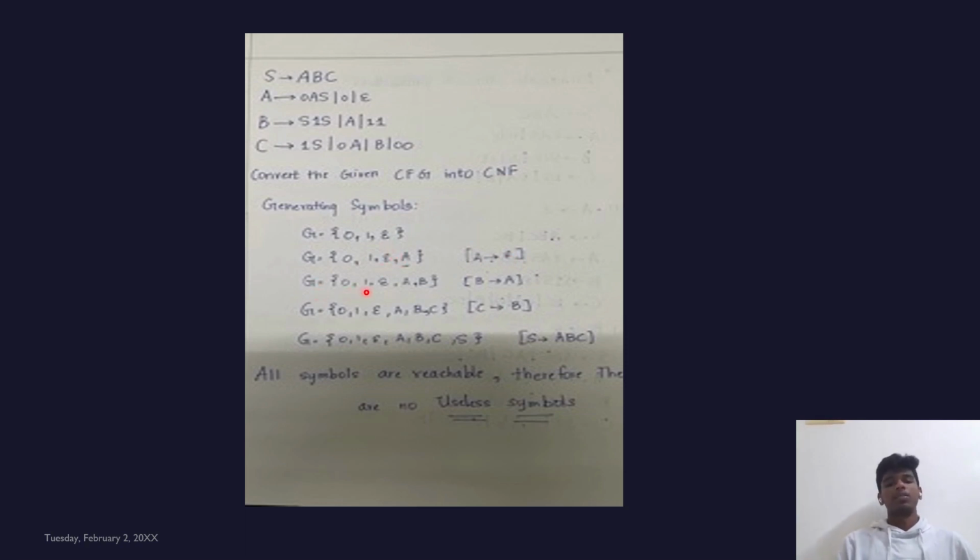Then 0, 1, epsilon, A, B, and B can be added from the rule that B defines A. And the third one is 0, 1, epsilon, A, B, C. C can be derived from the rule C defines B. And the last one is S. S can be derived from ABC. So from this we can say that all symbols are reachable. Therefore, there are no useless symbols. Let us move on to the next step.